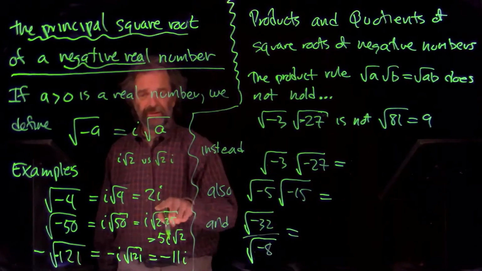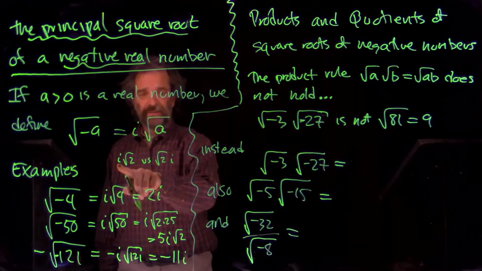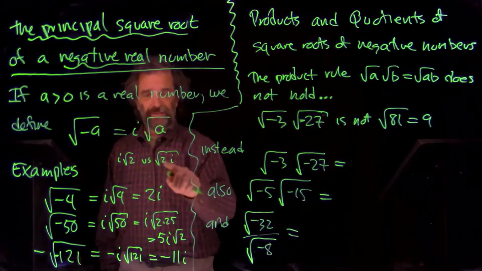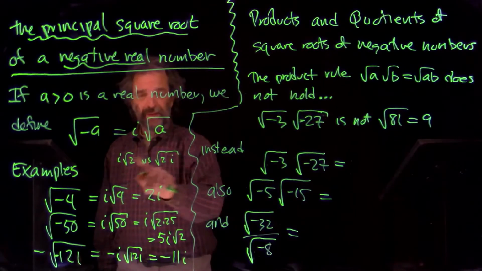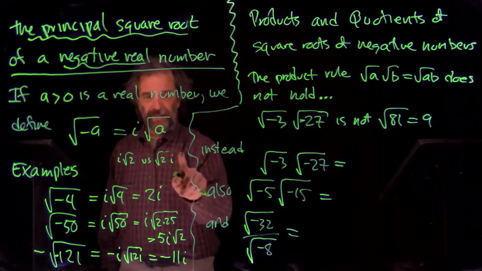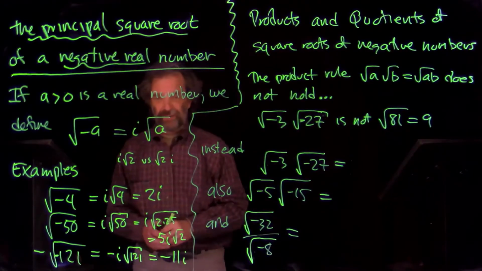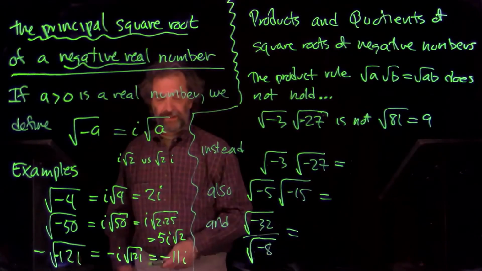Should it be under the radical or not? If we stick it in front, we're safe that we don't accidentally include it, or if we needed it, we don't lack it. So we try to make it as easy to read as possible. Numbers tend to go in front of i unless they're radicals. Radicals go after i.